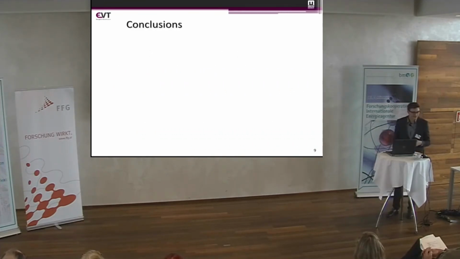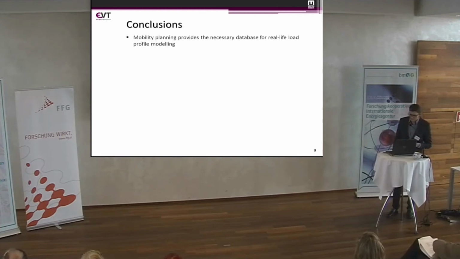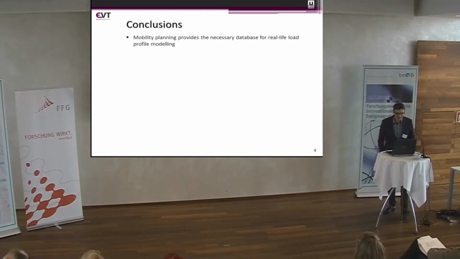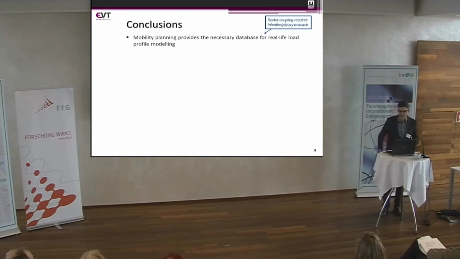So this brings me then to the conclusion of my very short talk. Mobility planning is the necessary database for real life load profiles needed for real life EV planning. So the conclusion here is that when we are talking about sector coupling research, then we need to have also interdisciplinary research.